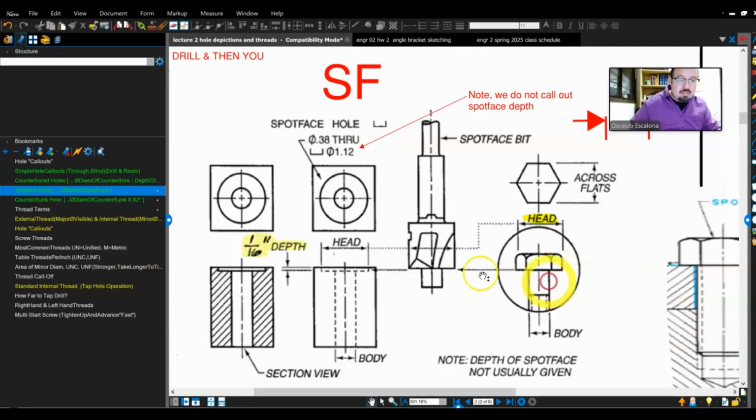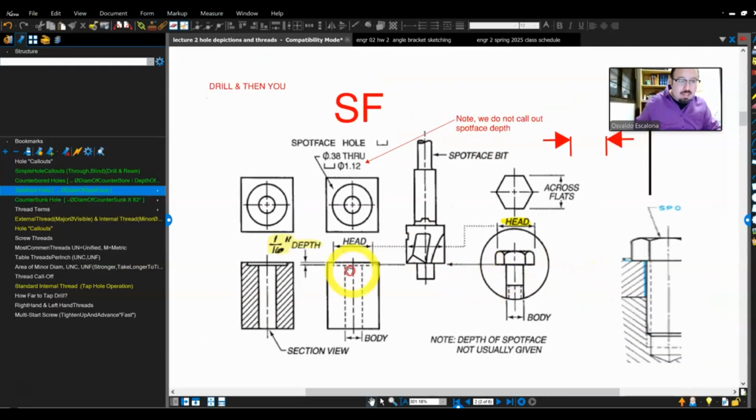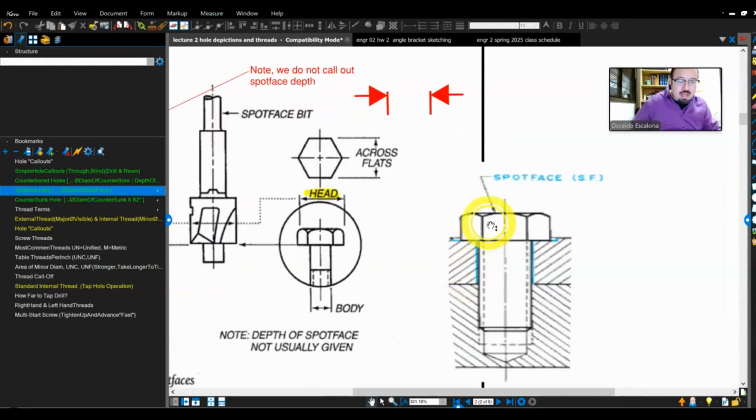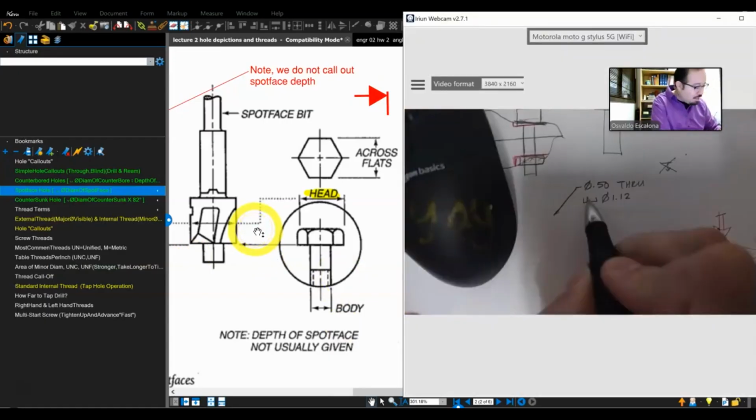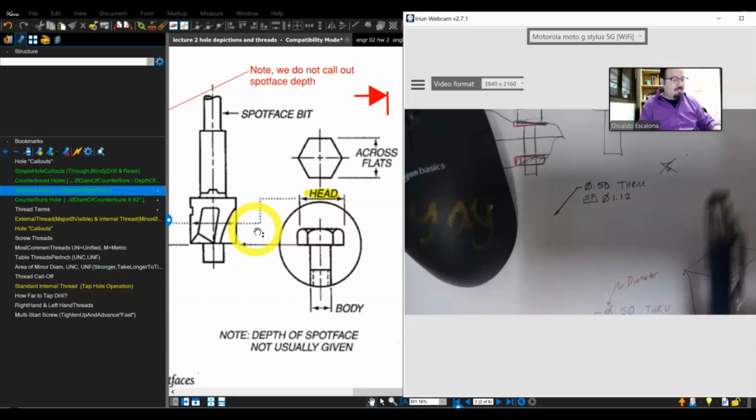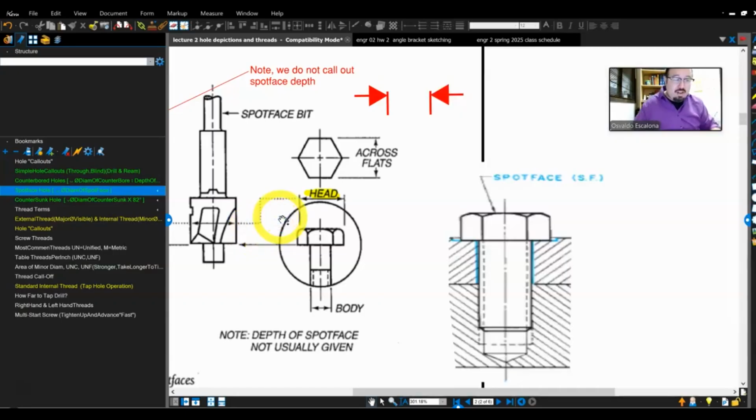You will grab your bolt, and it will sit flush with the part. Spot face. Again, in terms of symbol, I think I forgot, the way the new standard tells you is that right here you better write SF. If you guys write SF or don't write SF, I don't care. I won't penalize you if you follow the old standard or the new standard. For that case, only for that case.